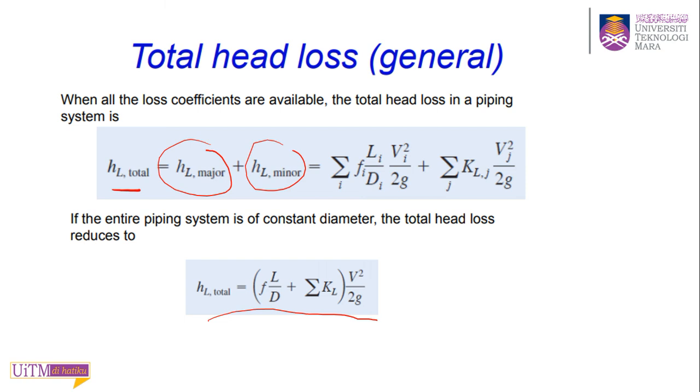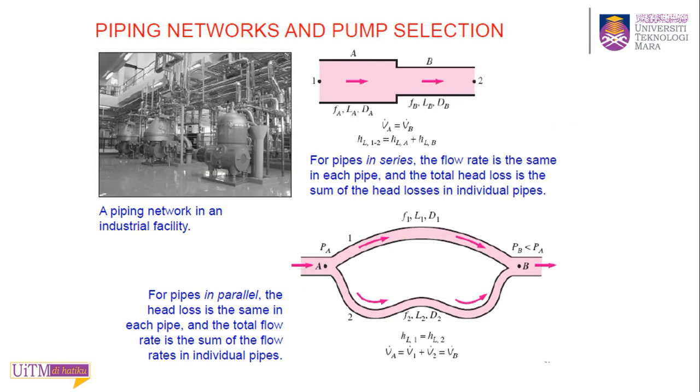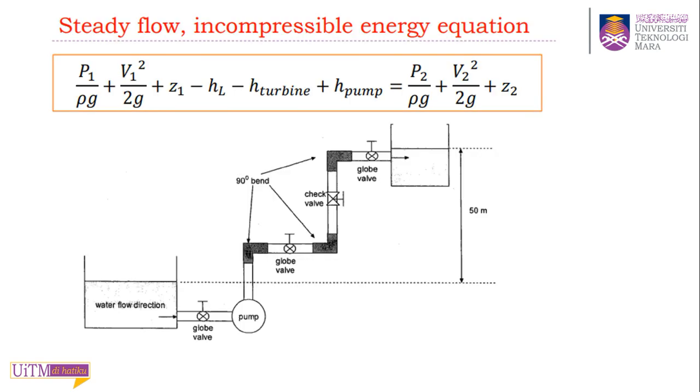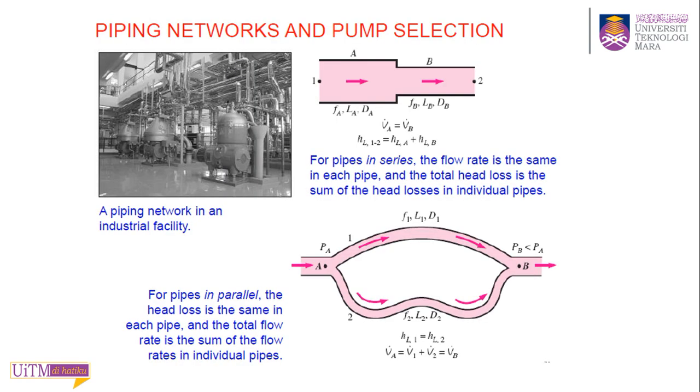Okay, so that's it for today. We have two more subchapters, which are the piping network and also the steady flow incompressible energy equation. We will cover this next week, because this is related. I don't want to cover this today. I think this is enough for you.